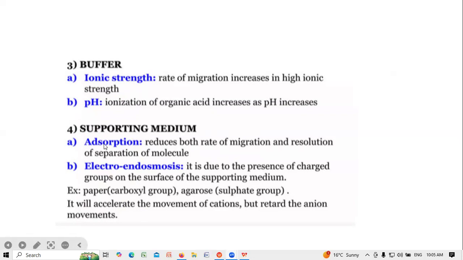Supporting medium: adsorption reduces both the rate of migration and the resolution of surface molecules. Electroosmosis is due to the presence of charged groups on the surface of the supporting medium. Carboxyl groups in agarose, or sulfate groups, will accelerate the movement of cations but retard the anion movement.